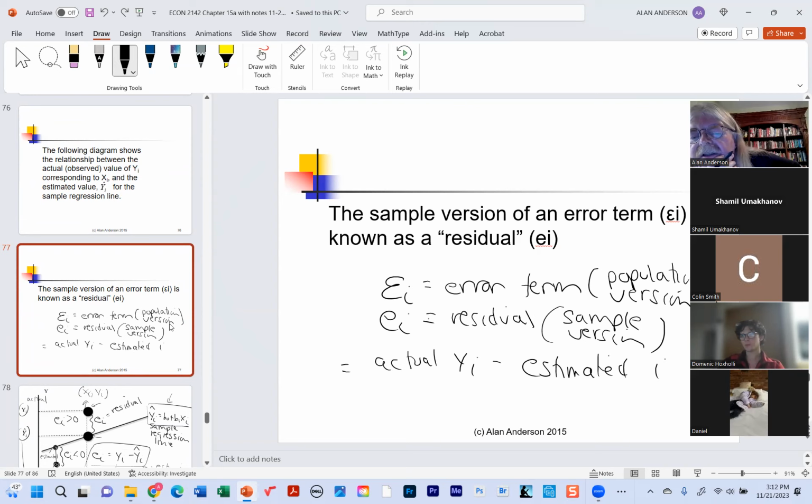In other words, it is the difference between the actual value of Y and the estimated Y. So think of it as the sample version of an error term. And the properties of the error terms are assumed to be shared by the residuals. In other words, we expect the residuals to average out to 0 and be independent of each other.